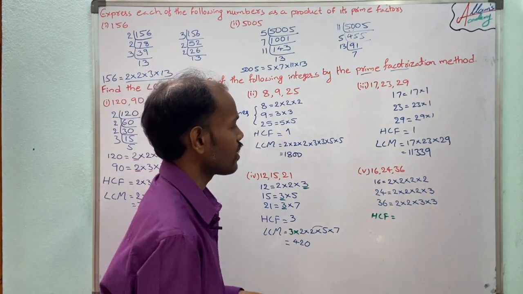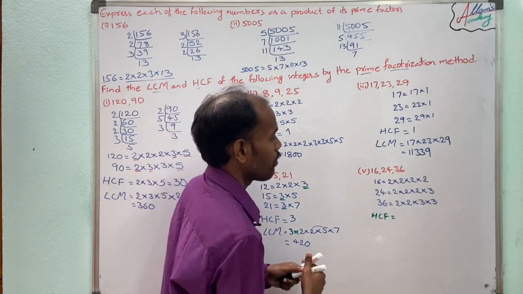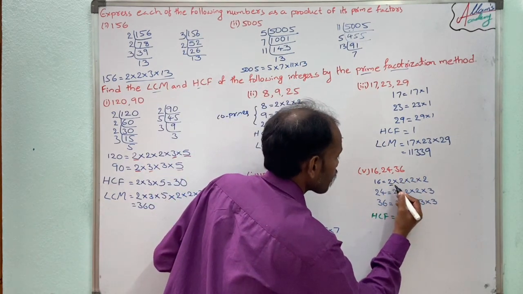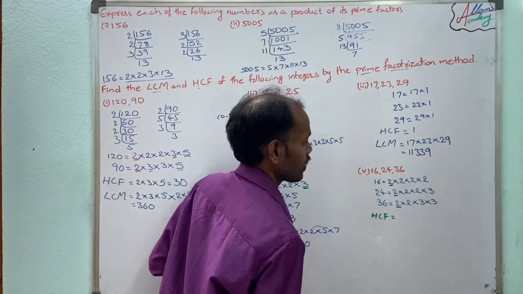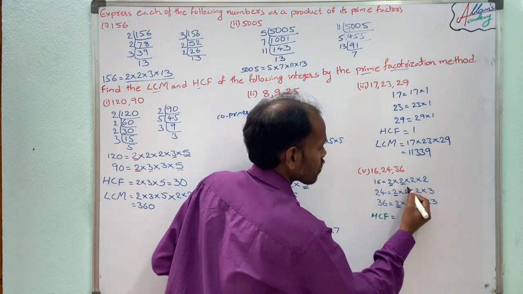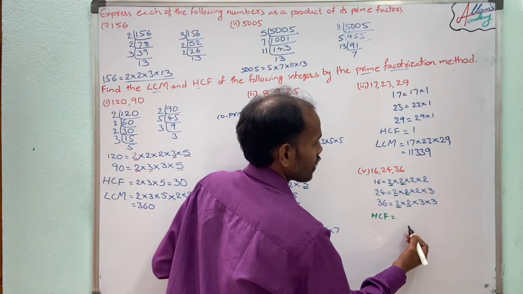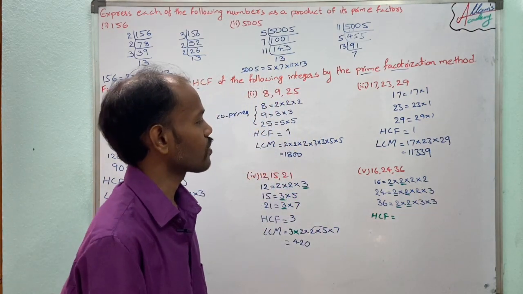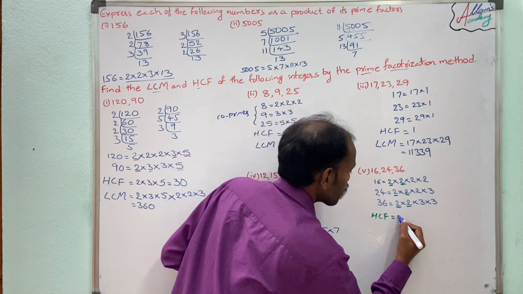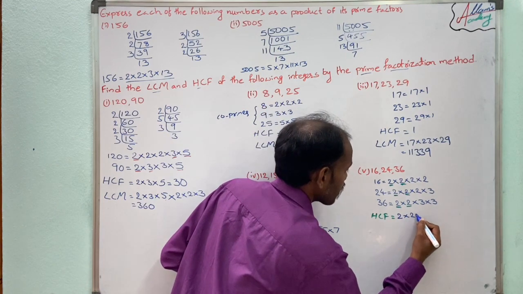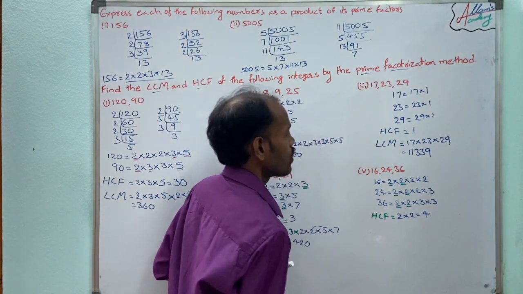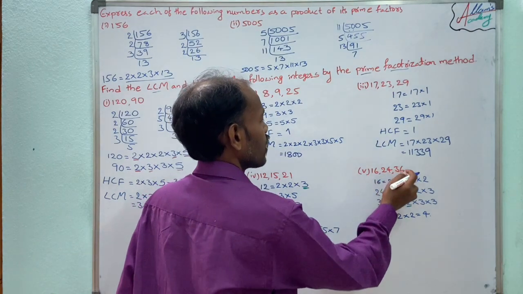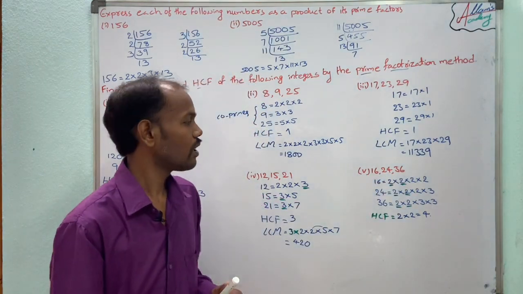Here the common pair among the 3 numbers is 2 once and another 2, and no other number is common. So we take 2 into 2, that is 4. So the HCF of 16, 24 and 36 is 4.